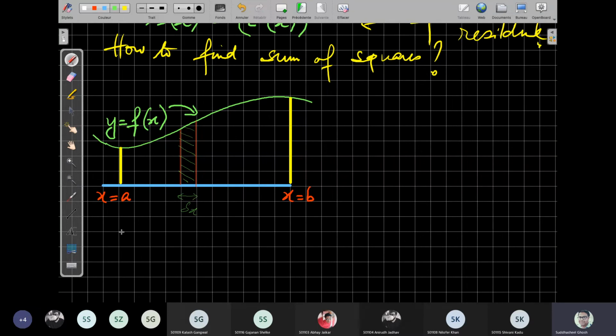So how is the integration of the function written? It is written as the integral from a to b of f(x) dx.